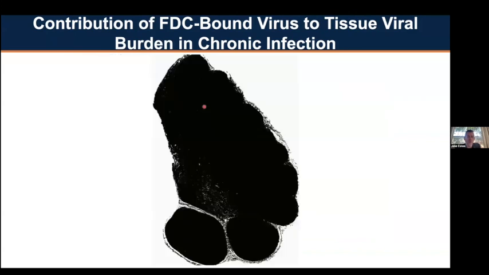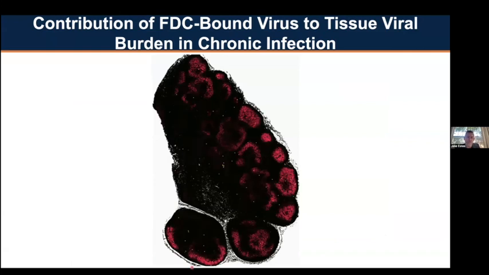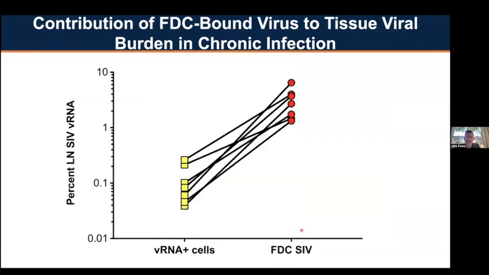We are able to quantify the productively infected cells within these tissues, and the viral RNA on the FDCs. And what we find is that between 90 and 99% of all the viral RNA within lymph nodes is actually trapped and retained on FDCs at any given time during chronic infection.